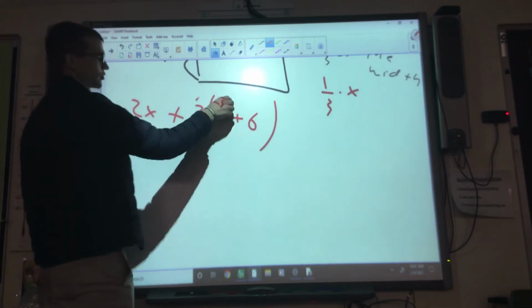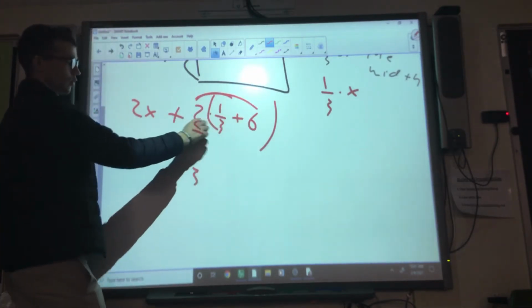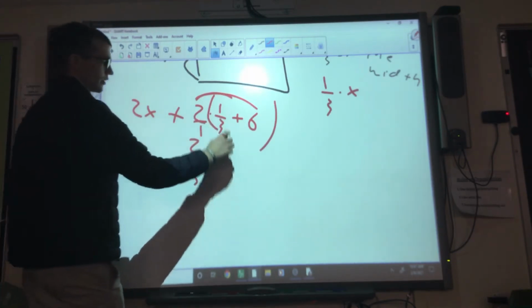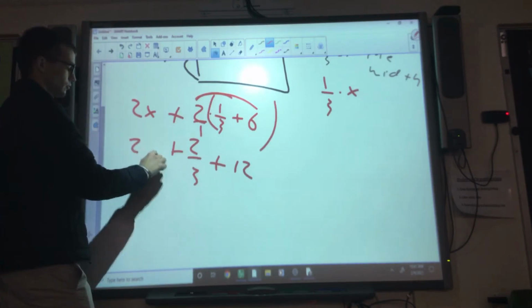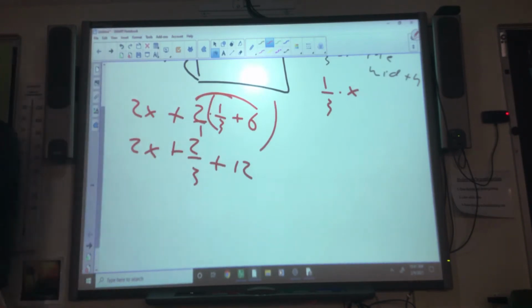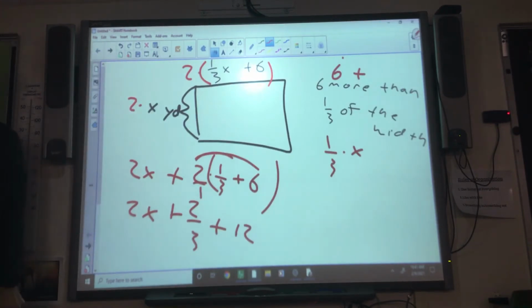So now you'll distribute 2 over 3, because this is 2 over 1 times 1 over 3, plus 2 times 6 is 12, plus 2x. What am I missing? I dropped something. I didn't write it up there. What did I forget?